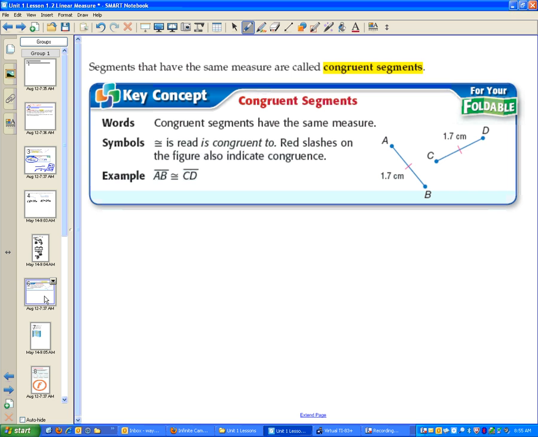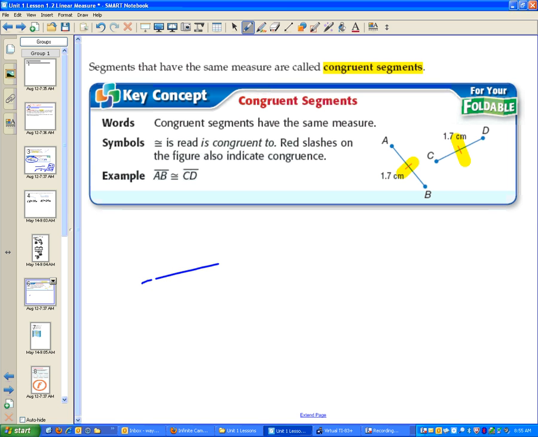So if two segments have the same measure, the same length, we call them congruent segments. The way you mark congruent segments is with a little hash mark, like you see here in the drawing, where it says congruent segments have the same measure, and AB is congruent to CD because they have the same measure, 1.7 centimeters. The book always uses red or pink, but obviously we won't.